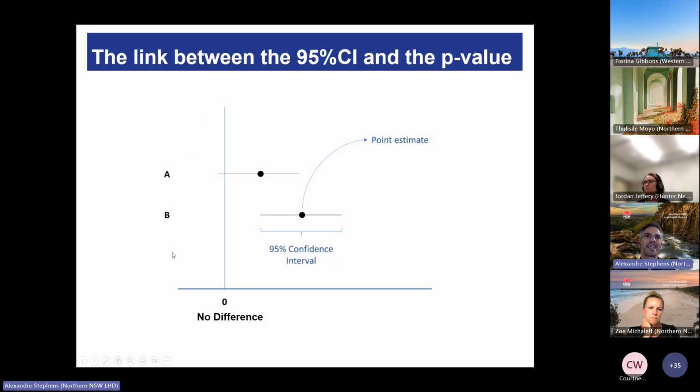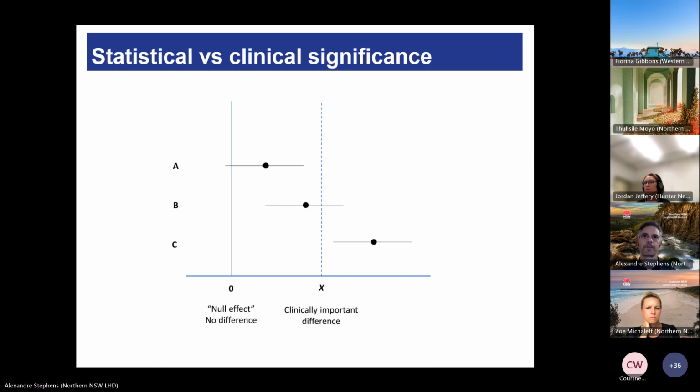If we look at our second estimated mean difference, B here, and its associated 95% confidence interval, we have intentionally shifted it to the right such that it doesn't encompass the point of no difference. And I would immediately see that and say, look, that difference there is significantly greater than 0 because it doesn't encompass the point of no difference.